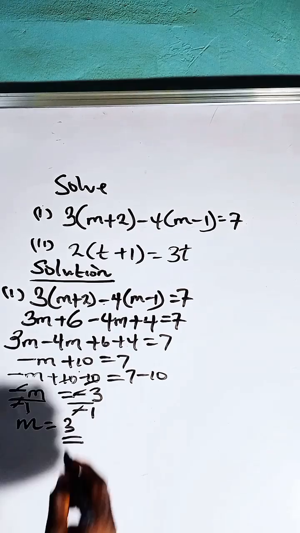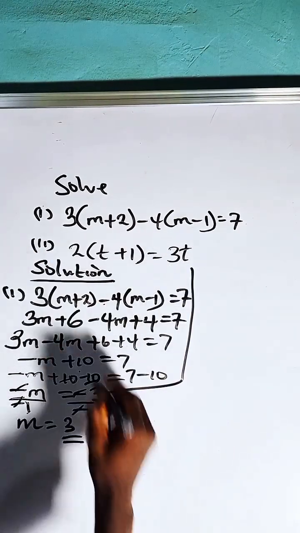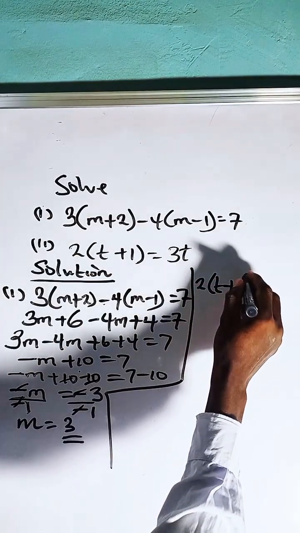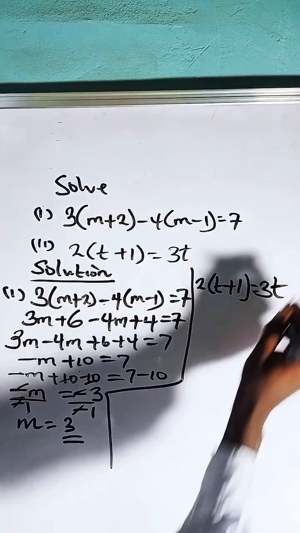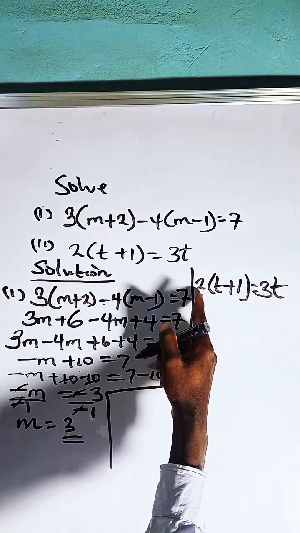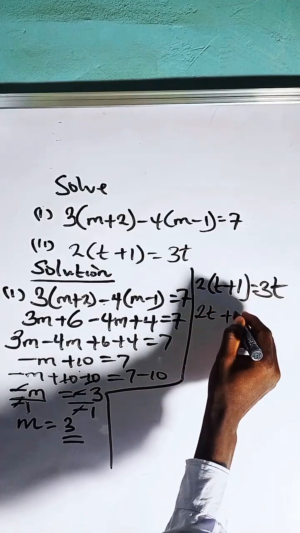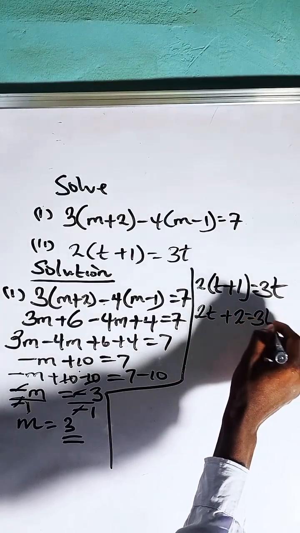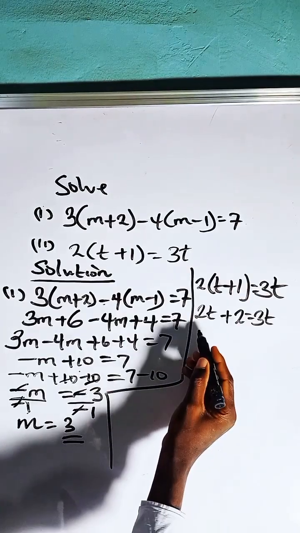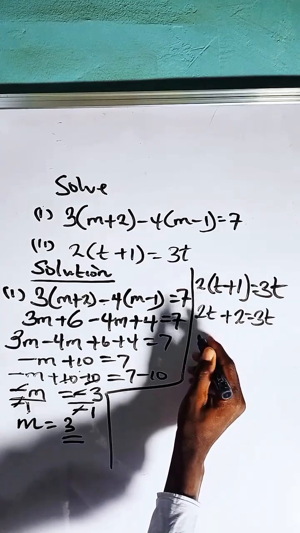Okay, so for the second expression, let's have it here. We have 2 into t plus 1 equals 3t. So we need to look for the value of t. Let us distribute this. For 2 times t, we have 2t, plus 2 times 1 is 2, equals 3t. What we do next is collect the like terms. Since we have t and t, let's bring them together.